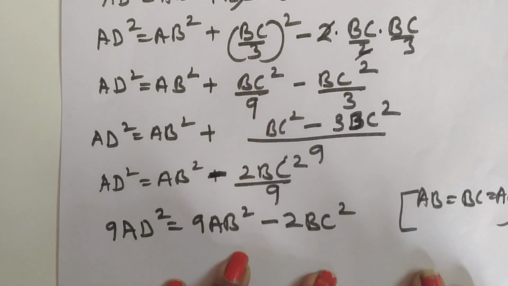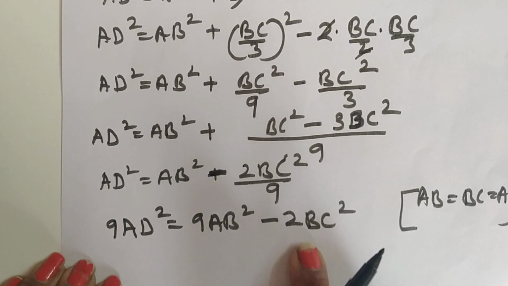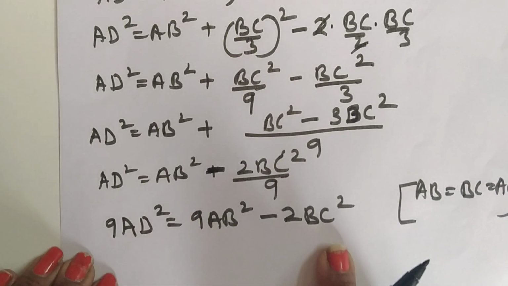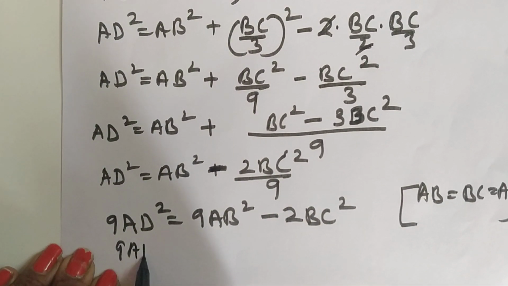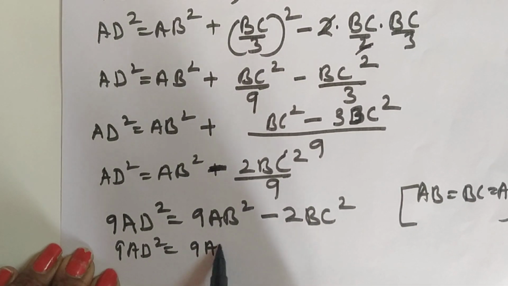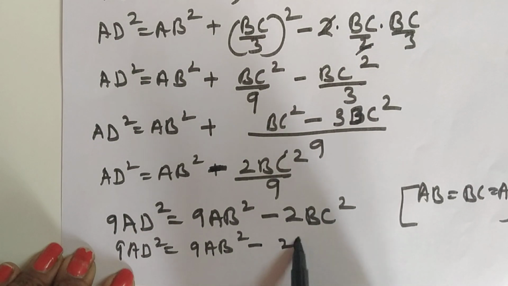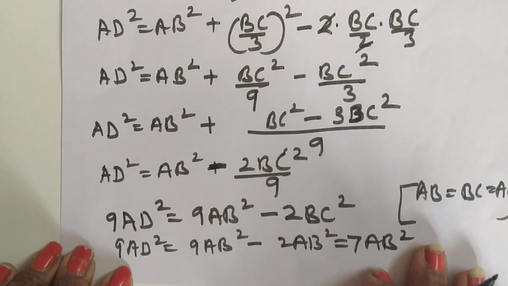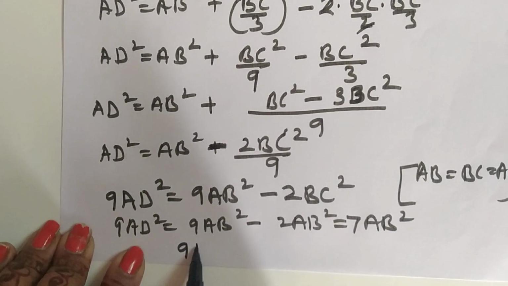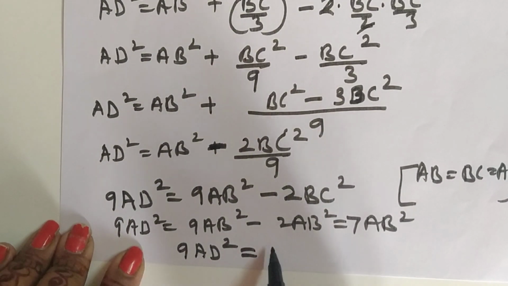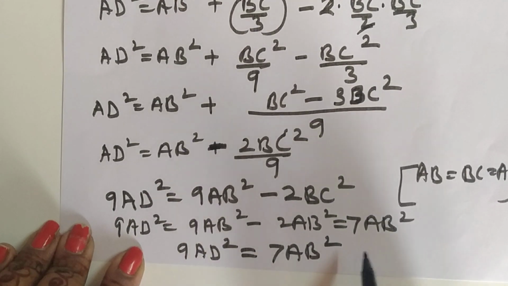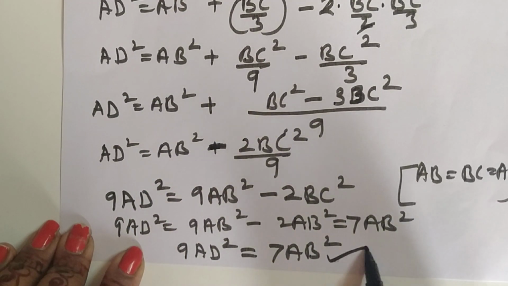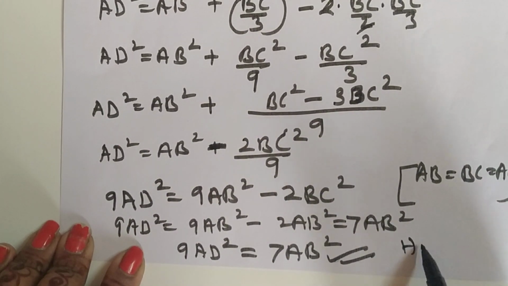So instead of BC, we can write AB square. So 9 AD square is equal to 9 AB square minus 2 AB square, that is equal to 7 AB square. So now we can write 9 AD square is equal to 7 AB square, that is what we needed to prove. So hence proved.